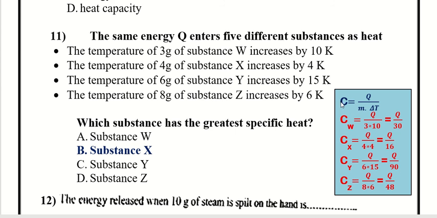By substituting in the relation of specific heat capacity equals Q over mass times the change in temperature, and getting the values, there is an inverse relation between the specific heat capacity and the value of mass times temperature change. So substance X, which has the lowest value of the multiplication, will have the highest specific heat.